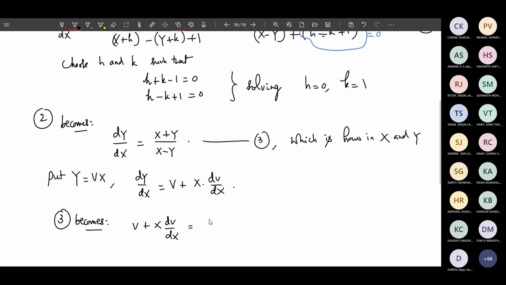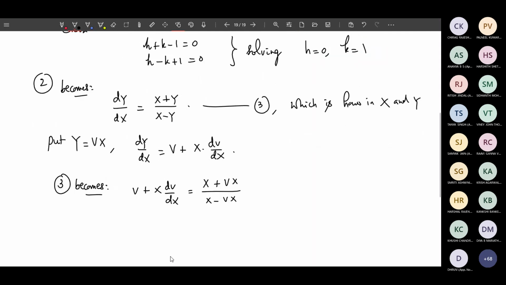Right side, we have an expression in x and y, with substitution vx, x minus vx. So you simplify in your own technique. x cancels in the numerator and denominator. So that means 1 plus v in the numerator, 1 minus v, minus v, because v on the left-hand side you are taking to the right-hand side.